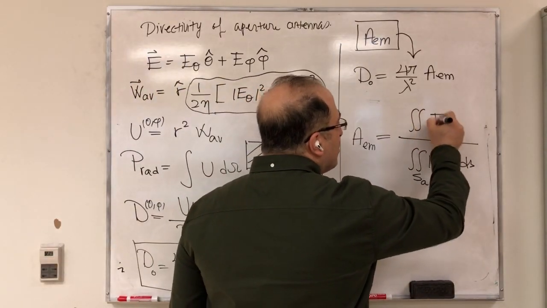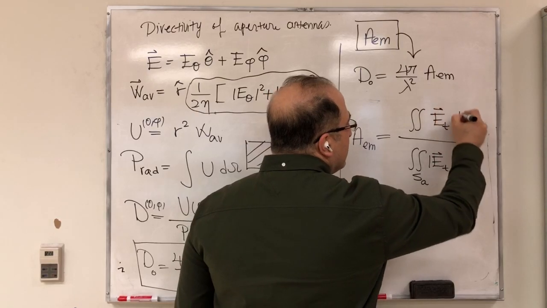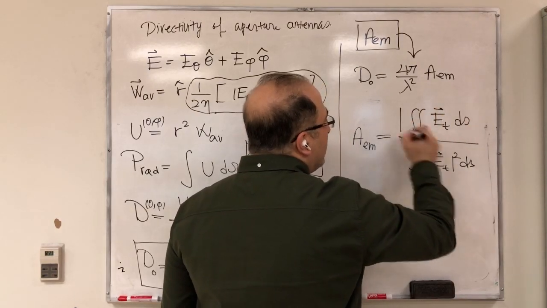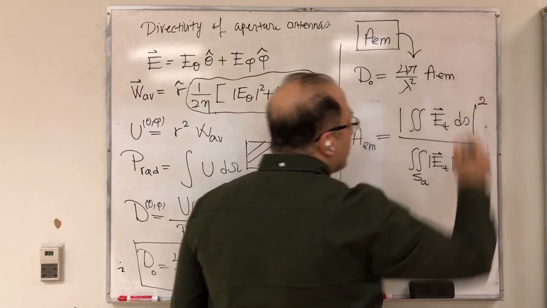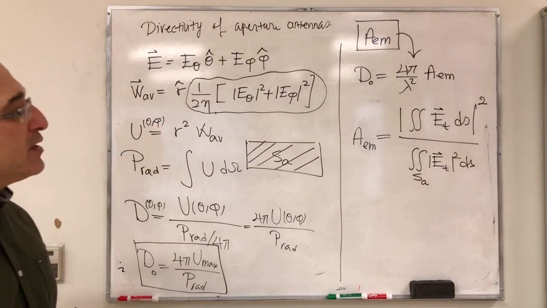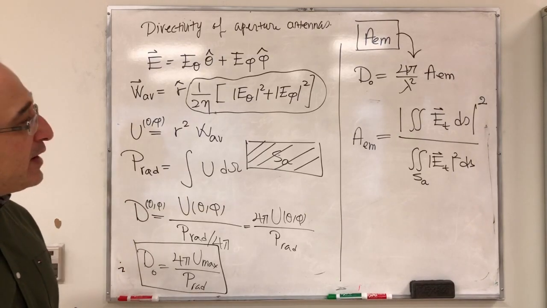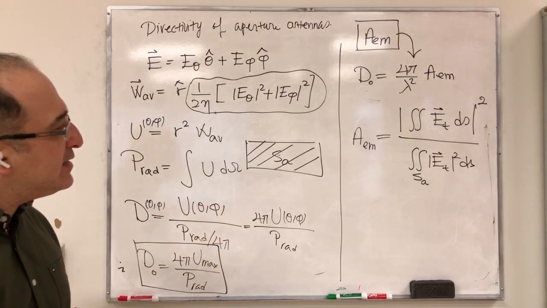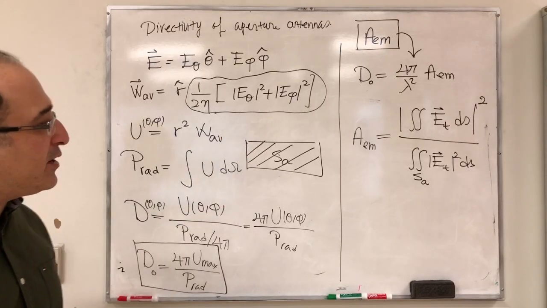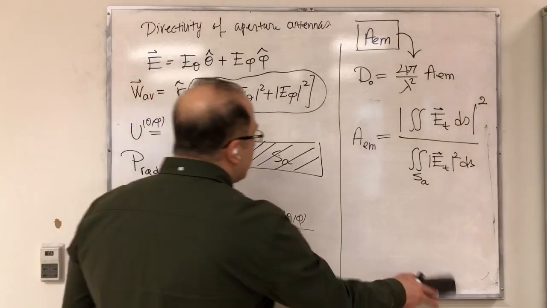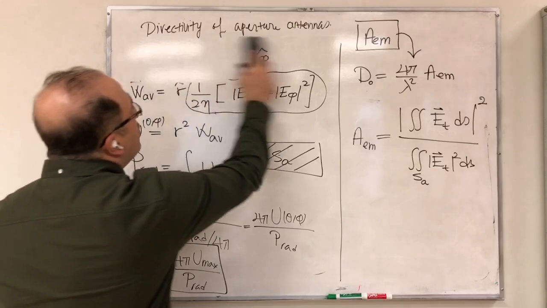And then the numerator is E_t dS, and then you take the magnitude of the whole thing squared. So that's what we have for maximum effective area. E_t is the tangential field over the aperture of our antenna.